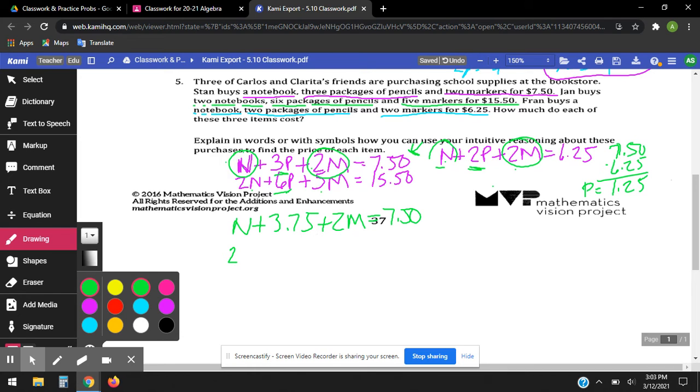So let's just go ahead and use these two: notebooks and six pencils, which is 3.75 plus 3.75, $7.50. Let me double check that one. $7.50 plus 5 markers.